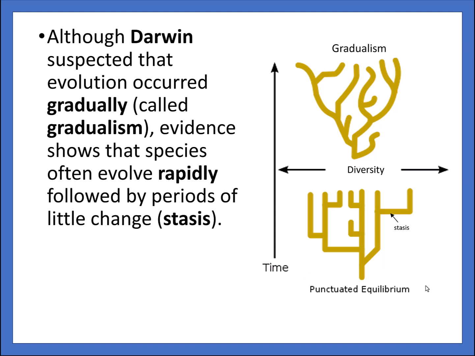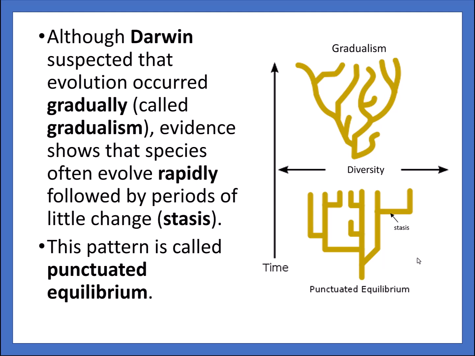And punctuated equilibrium, which is the newer model, suggests that there are rapid portions of time where there's rapid changes, and then there's areas called stasis where the organisms are not changing for long periods of time. So we call that pattern punctuated equilibrium.